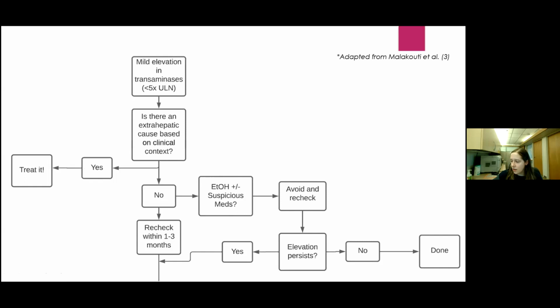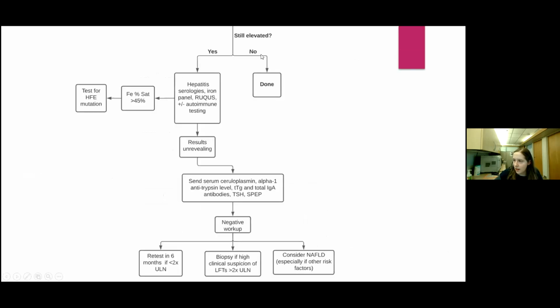If you're going down that pathway of rechecking and the elevation doesn't persist, you're done, which is excellent. If it does, then you're moving back onto your general pathway. For most patients, if they don't have a positive alcohol history and aren't taking any suspicious medications, and we'll talk a little more about medications in a minute, you're rechecking within a few months. If it's not elevated, great job, you can stop.